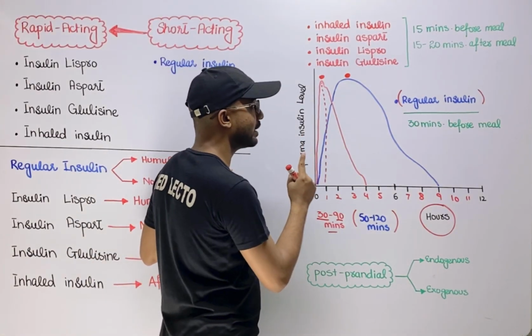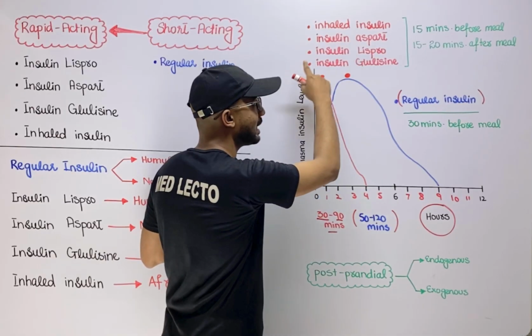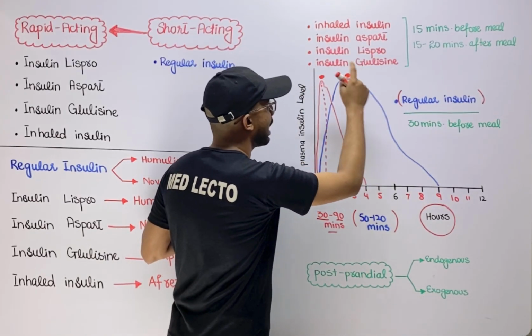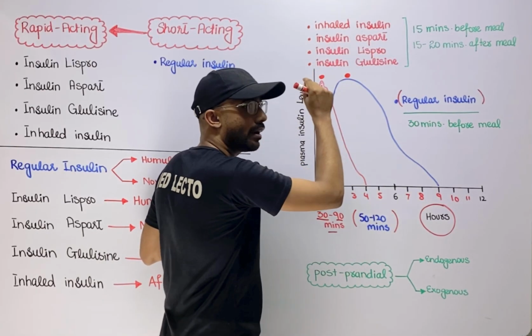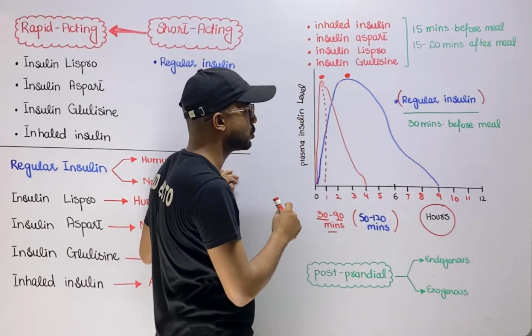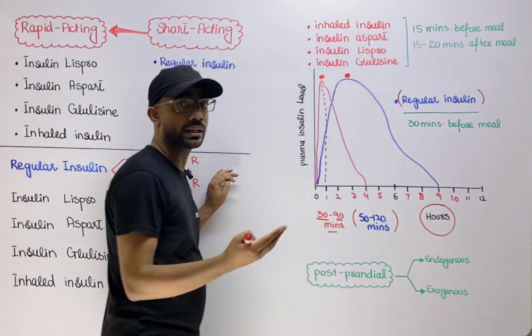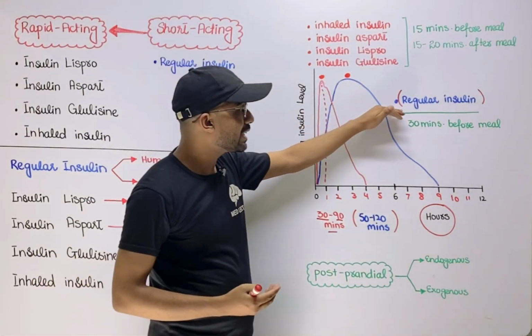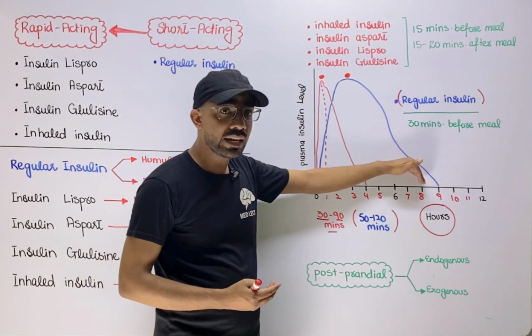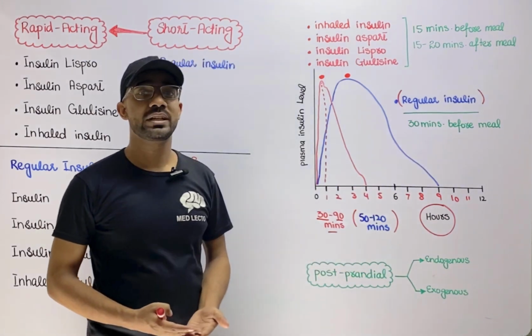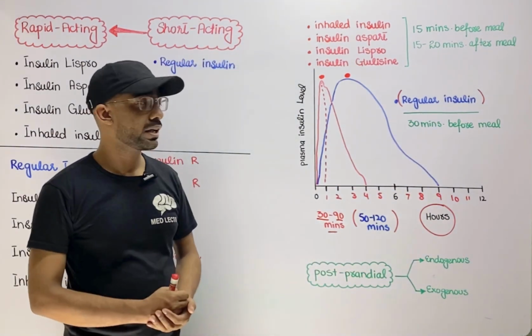What we have learned today is rapid acting and short acting. Rapid acting because it will reach the maximum level in a short interval, and as compared to the other insulin analogs that we will discuss in upcoming lectures, it will start decreasing earlier.